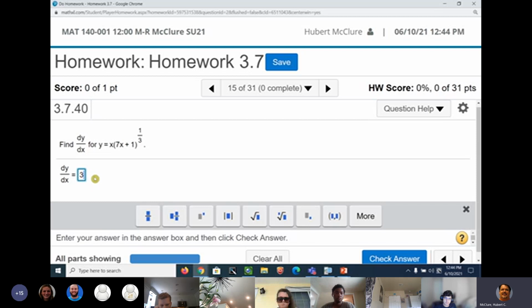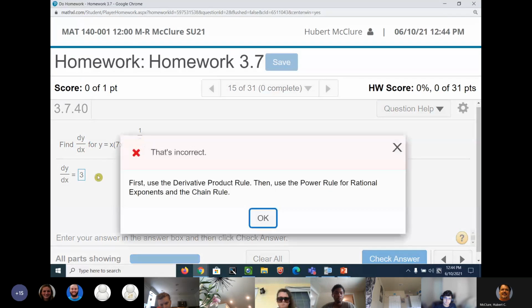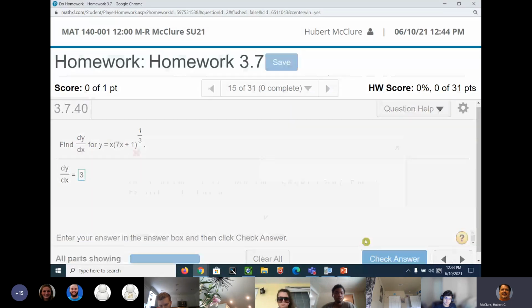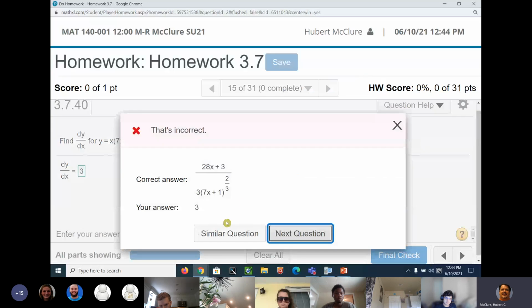Three. They did go further. Well, what did they do? Looks like they did put the 3 on the bottom right here, and they did 7x to the 1/3. I don't know what they did. Oh, I know what they did.